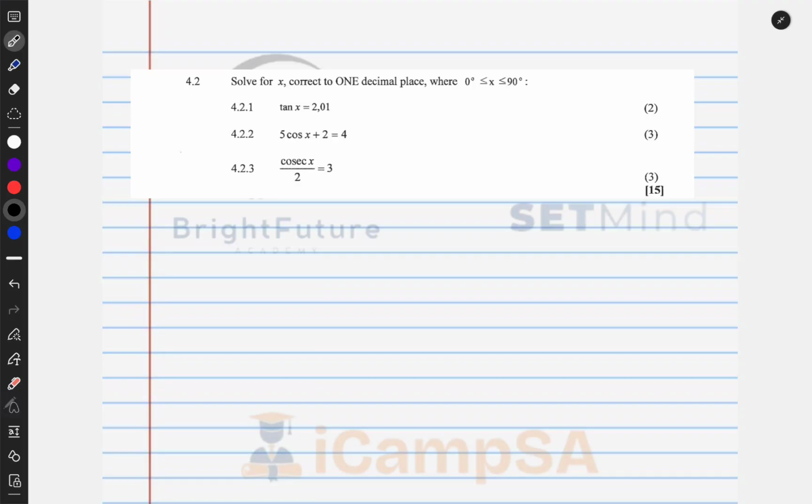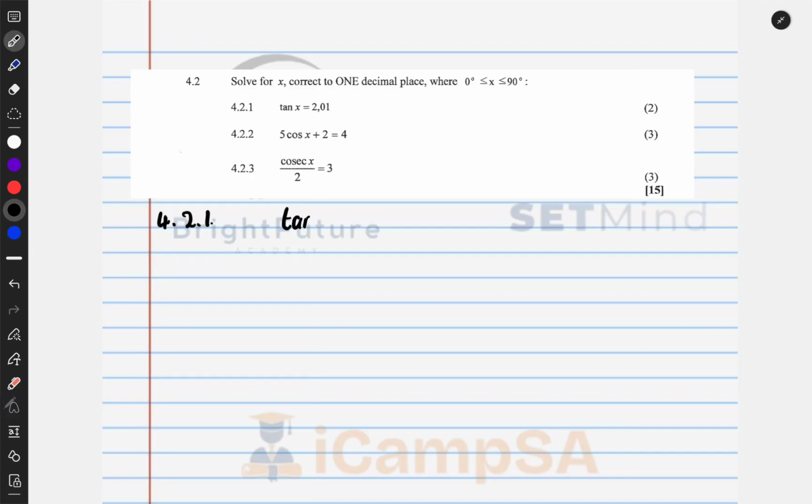Let's solve for x correct to 1 decimal place. Once they tell us it's correct to some decimal place, we know that we're going to be using a calculator for the most part. And we are told that x is between 0 and 90 degrees. Okay, let's go ahead and solve for x.